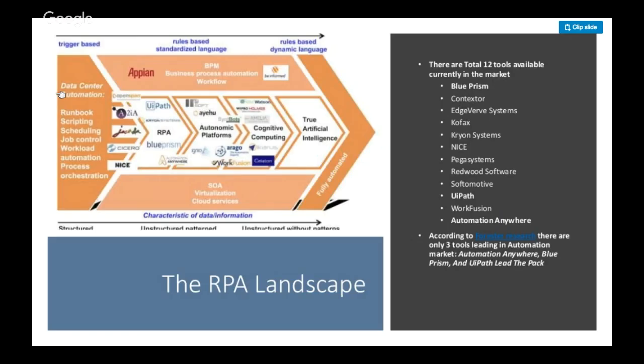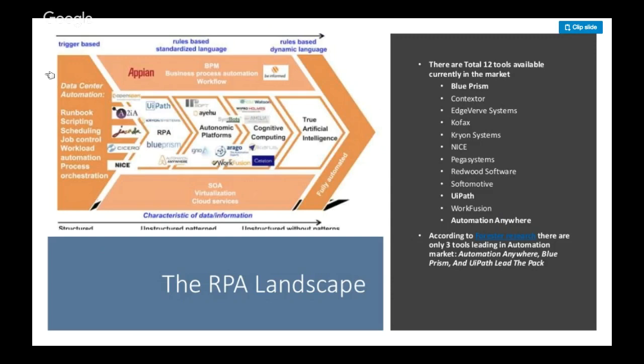Okay, so now I will be talking about the RPA landscape. There are a lot of automation software packages available. Some are specific to business process automation, that is BPM, BPA, and there are also some which are pure desktop automation, like Softomotive. Softomotive has something called WinAutomation, which is basically a desktop automation tool.